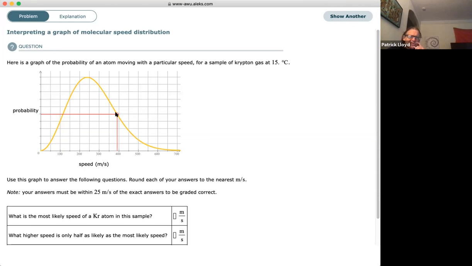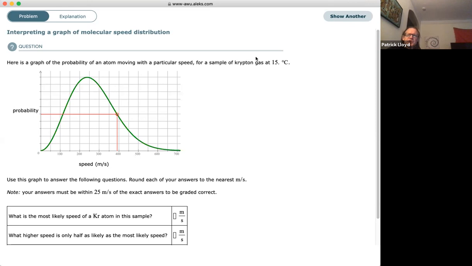It looks like that's a little bit below 400, so I would say about 390, right? Because the next line over is 350, and this is much closer to 400 than it is to 350. So around 390. It's going to give you a little bit of leeway. It says you can be within 25 meters per second, so if you said 380, 390, you're going to get a correct answer for that one.